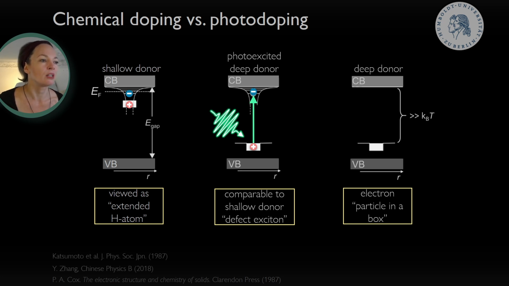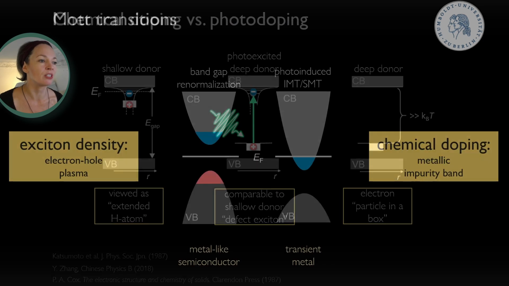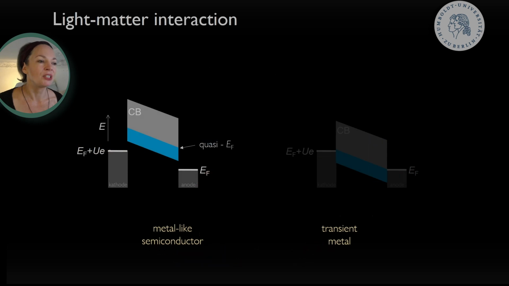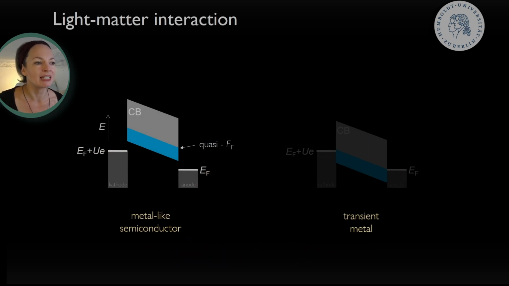You might wonder why I'm emphasizing so much the difference between a metal-like semiconductor and a transient metal. Well, the reason is that you cannot really use a metal-like semiconductor for transport applications, even if you have a high charge density in the conduction band and a metal-like optical response in the terahertz, for example.